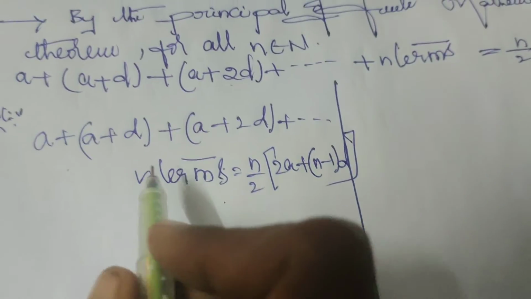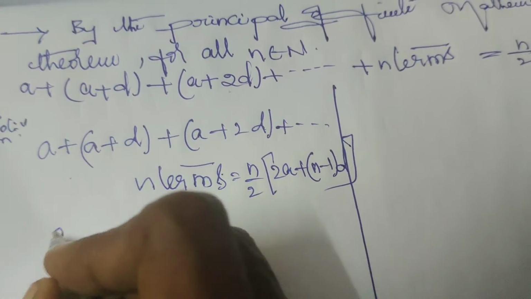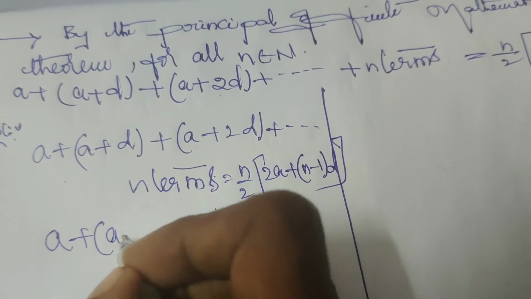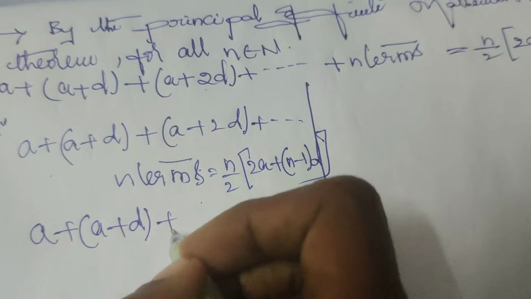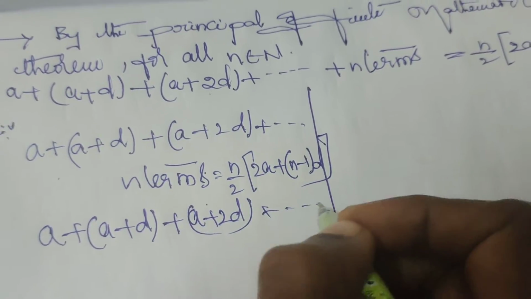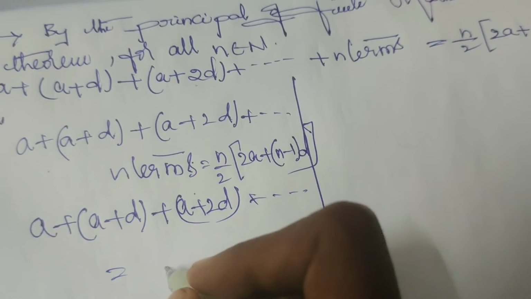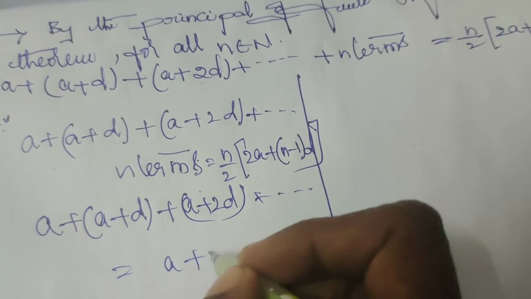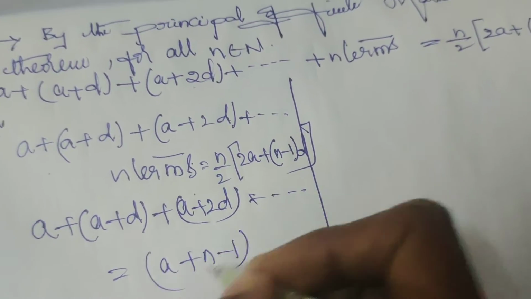Here the nth term of the given expression is a plus n minus 1 into d.